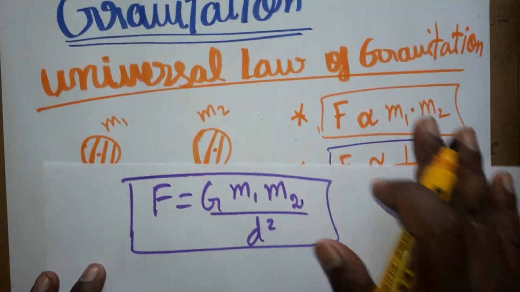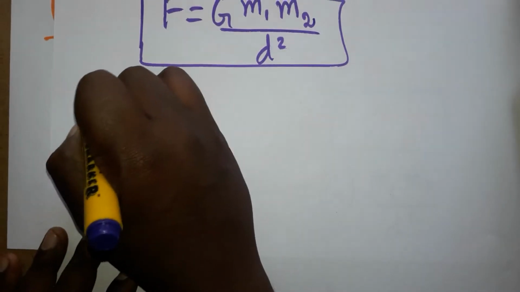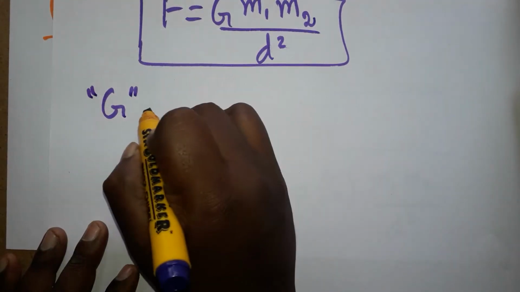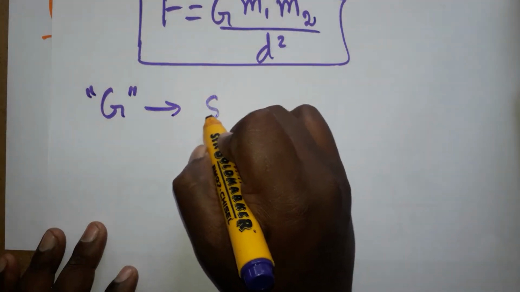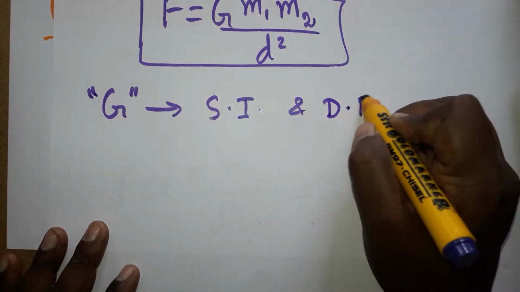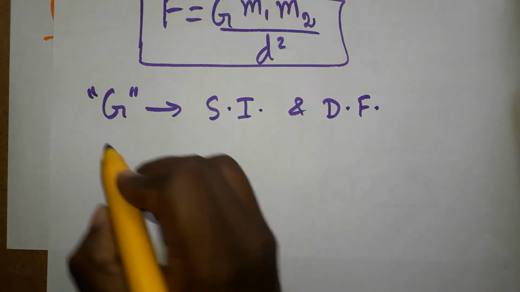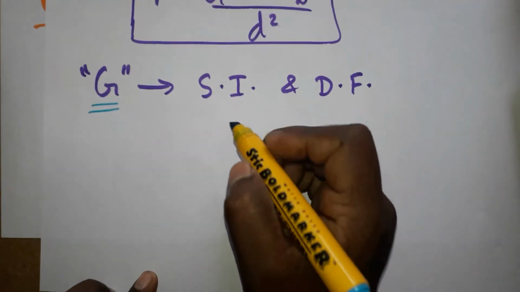The next concept: capital G. What is capital G? Capital G is the gravitational constant. We are going to find its SI unit and dimensional formula. We can call it the universal gravitation constant.